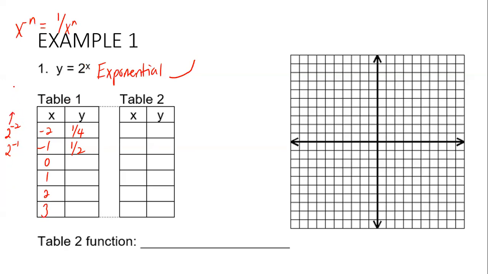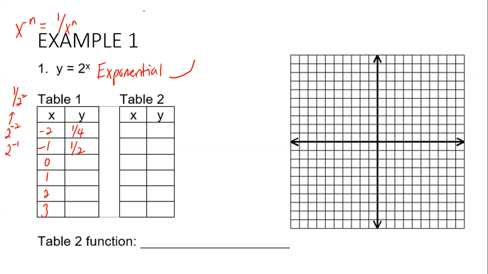So 2 to the -2 means we have 1/2 squared, and 2 squared is 4. Like that? Got it? We're taking it from being bad to being good.